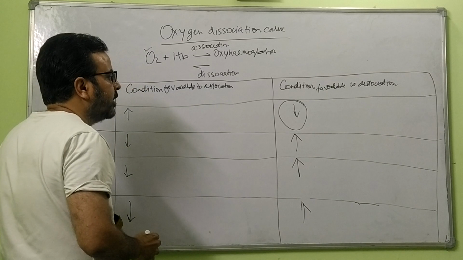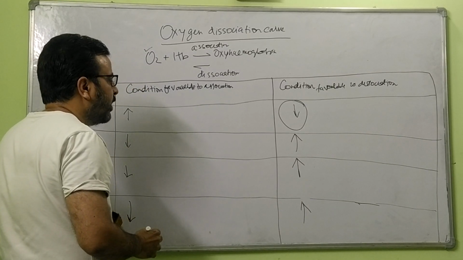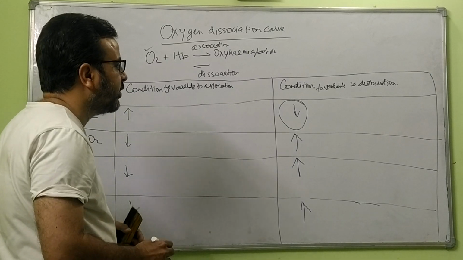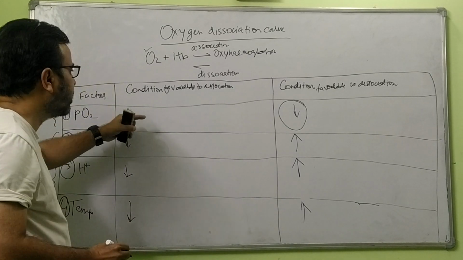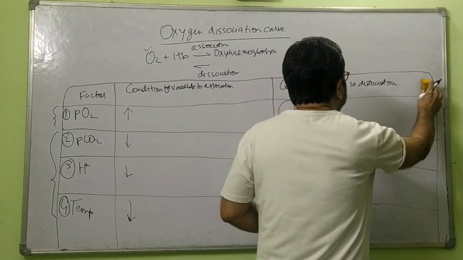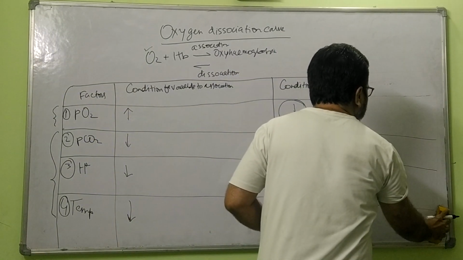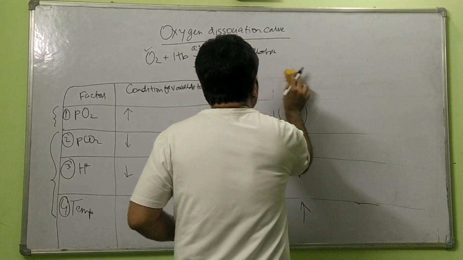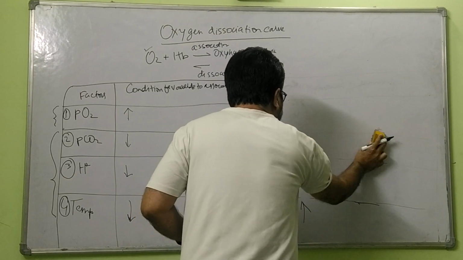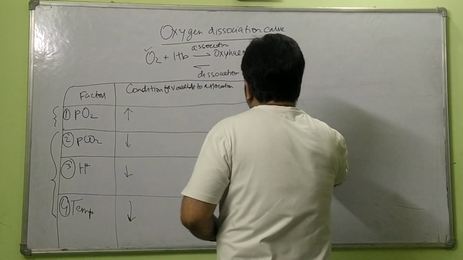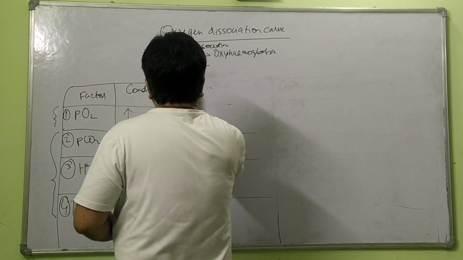We can conclude that dissociation can be favored by decreasing partial pressure of oxygen, and this is the basis for the drawing of the oxygen dissociation curve. That we can understand better while drawing the oxygen dissociation curve.